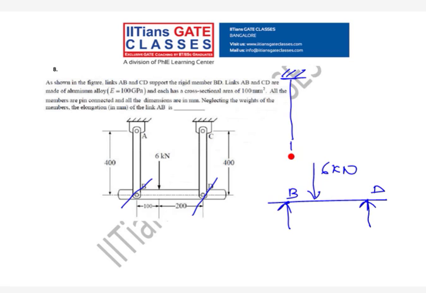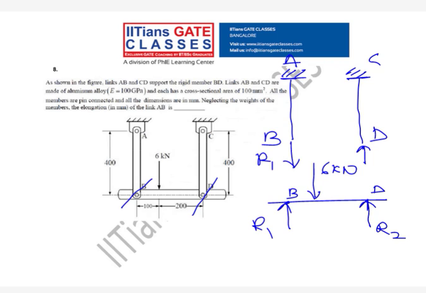There will be an opposite reaction at B, and in the same way at C, an opposite reaction at D. Suppose this is R1, this is R2, so this will be R1, sorry, in the opposite downward direction, and it is R2.